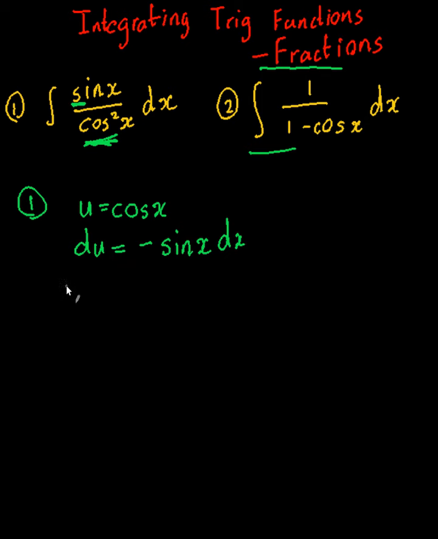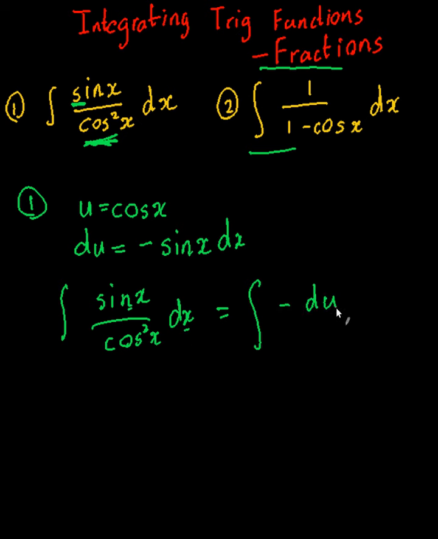So this integral of sine x on cos squared x dx is equivalent to saying the sine x dx term disappears and ends up becoming minus du, and at the bottom the cos x becomes your u squared. Now it's just a matter of using the usual rules of integration.